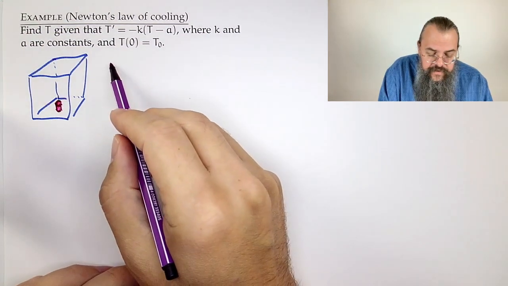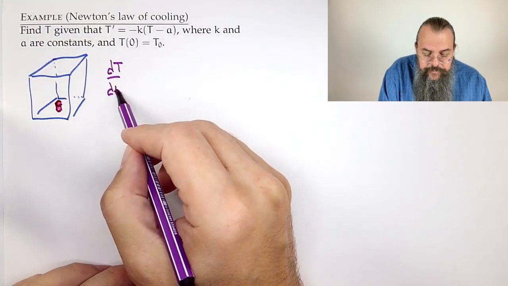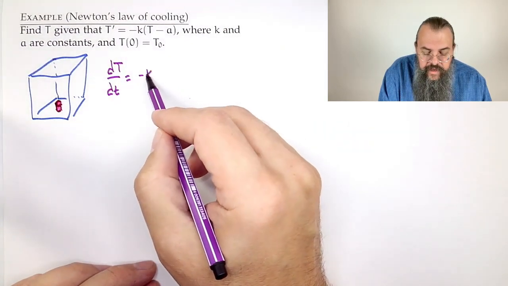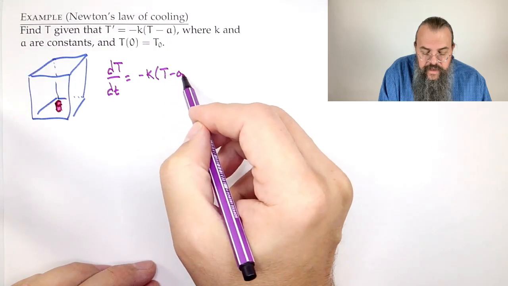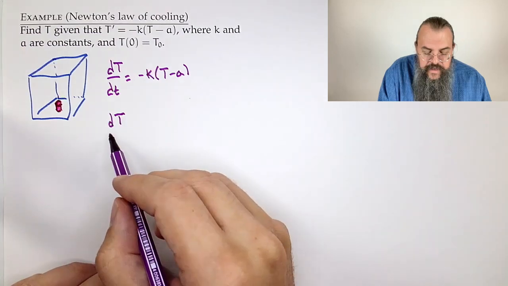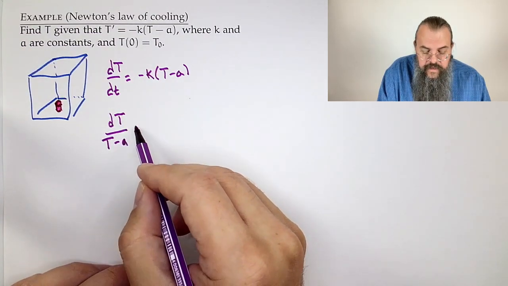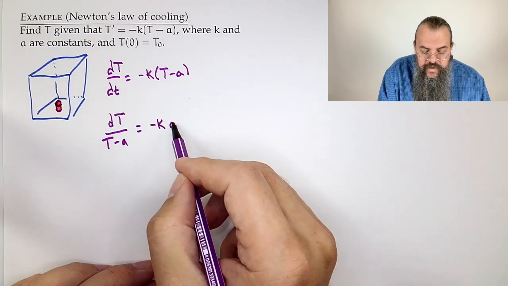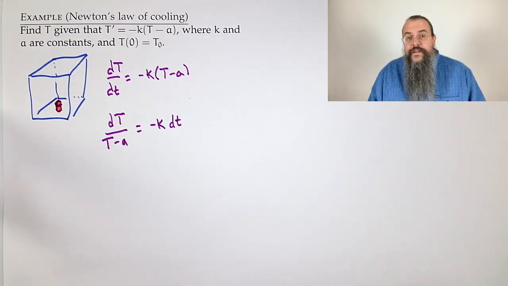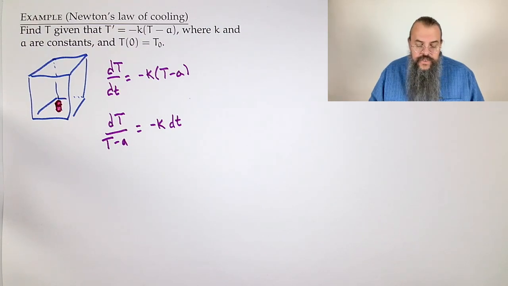We should think of this as the change in temperature with respect to time is minus K times (T minus A). Or we could say, separating, dT, change in temperature, over T minus A, is minus K dt, change in time. All right, great. That's the separation.